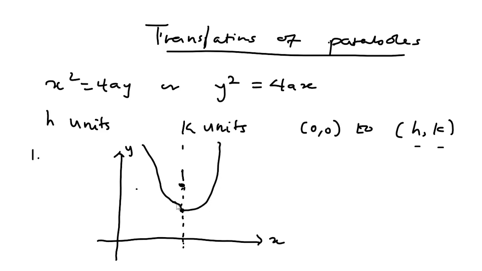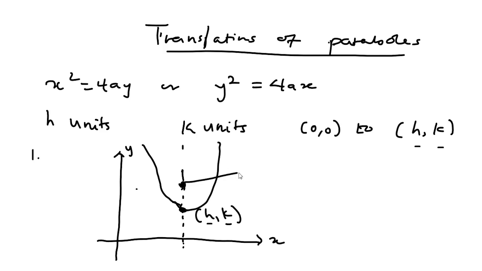If it moves h units horizontally and k units vertically, the new vertex is (h, k). Then what will be the focus?